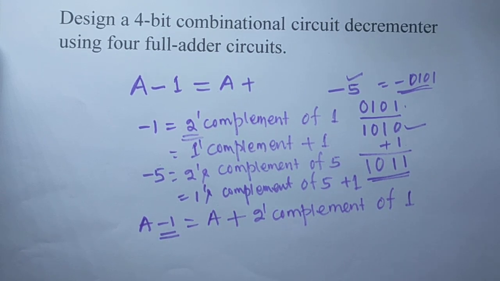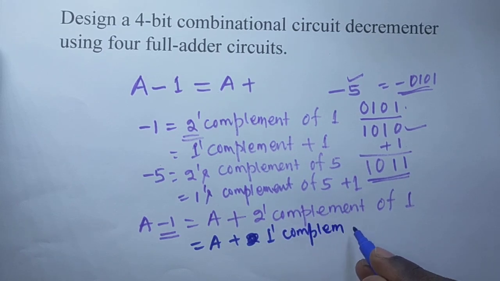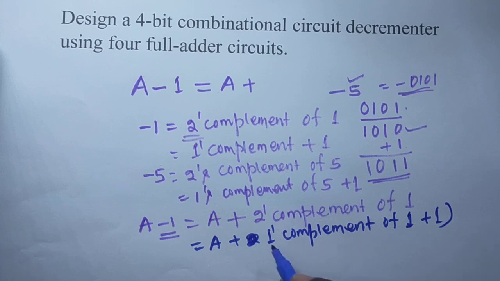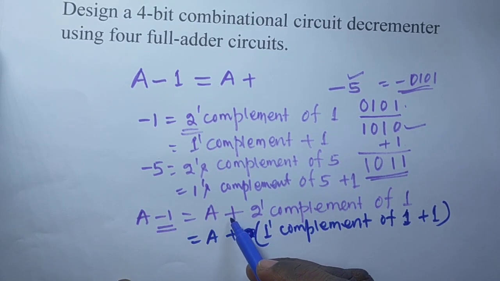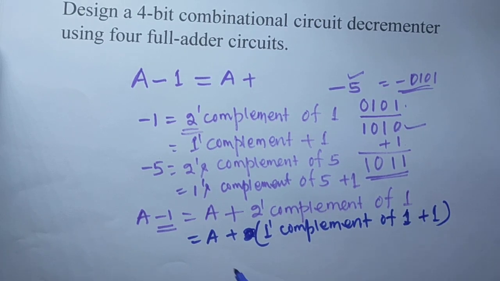Finding the 2's complement of 1 directly is difficult, so it is better to define it as the 1's complement of 1 plus 1.